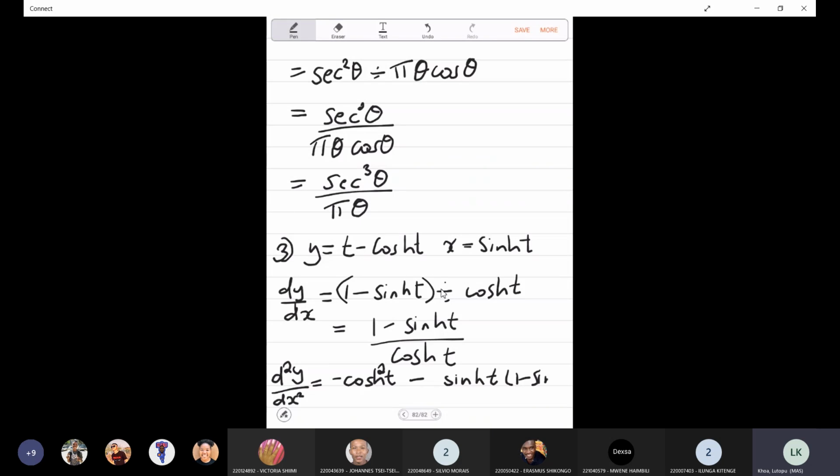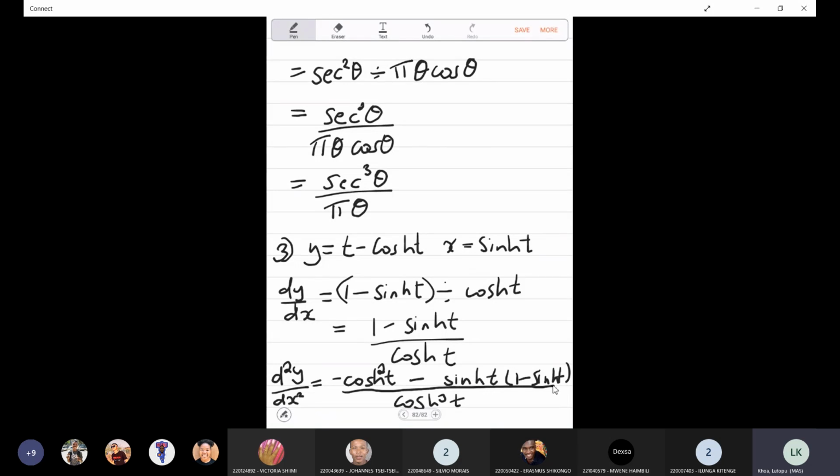This is 1 minus sine hyperbolic of t, and then we divide by cos hyperbolic squared of t, so you square the denominator. Then we still have to divide by cos hyperbolic of t, which is dx dt. So that is just the same as making this to the power of 3. Okay, so there's a lot of steps here in one, but you should be able to do that without any problems.